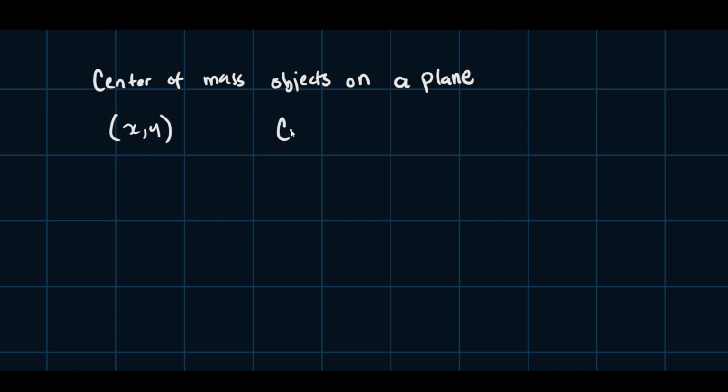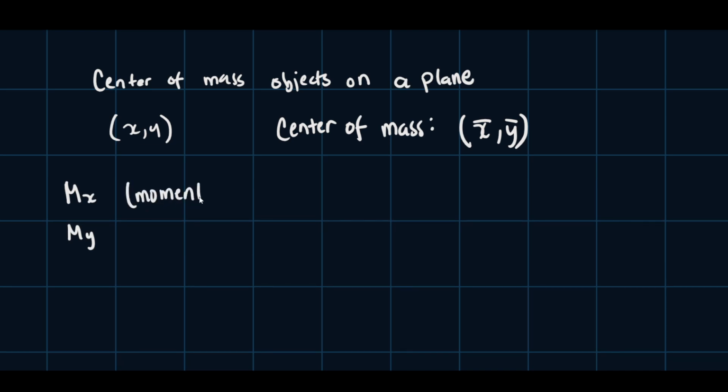So, the center of mass will now be denoted by x bar, y bar. Okay? And then we also will have what we call the moment about the x-axis and the moment about the y-axis.